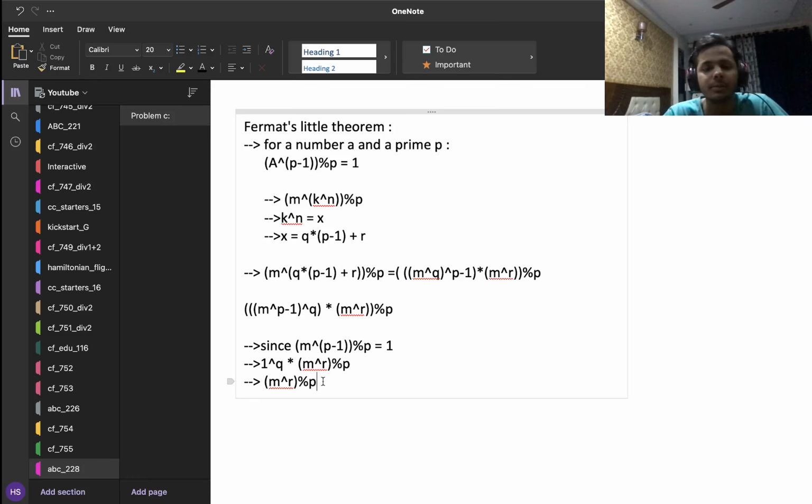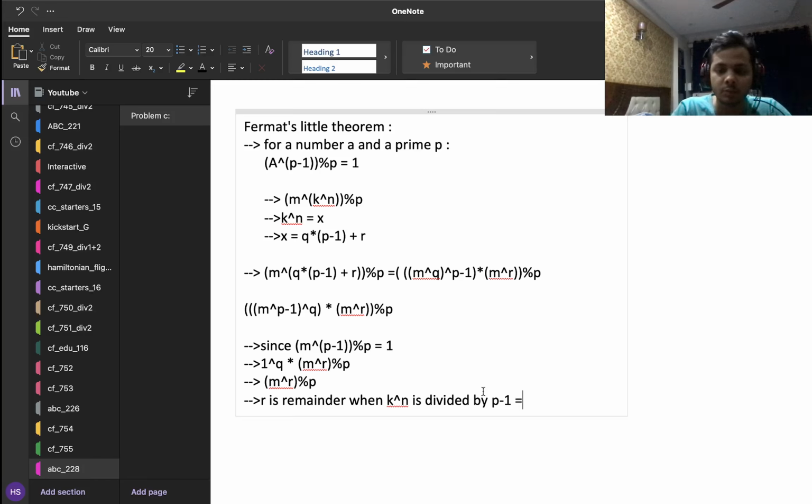And now this has been broken down into a very well known expression which can easily be calculated using binary exponentiation. Here m is just given to us in the problem and r is the remainder when k raised to the power n is divided by p minus 1. In a sense, r is equal to k raised to the power n modulo p minus 1, and this expression can again be evaluated using binary exponentiation.